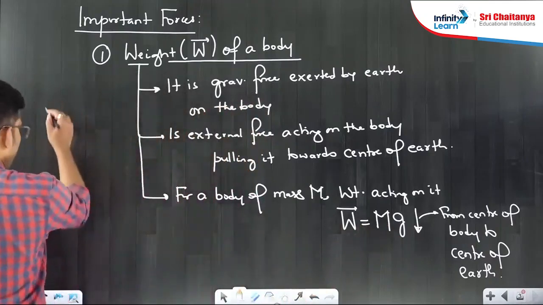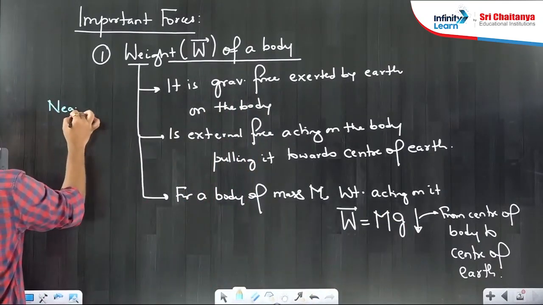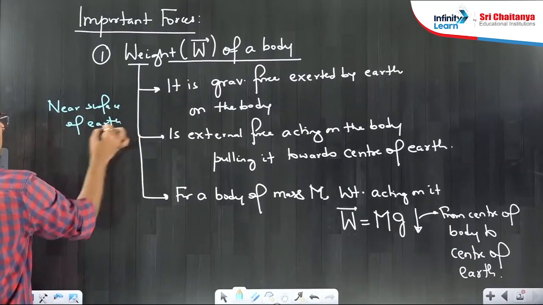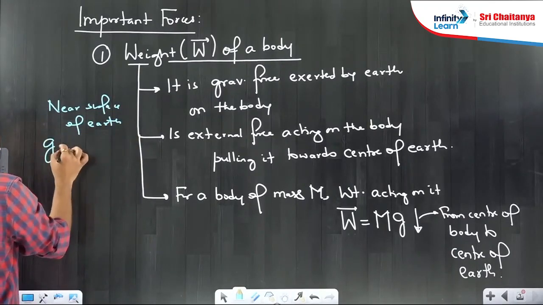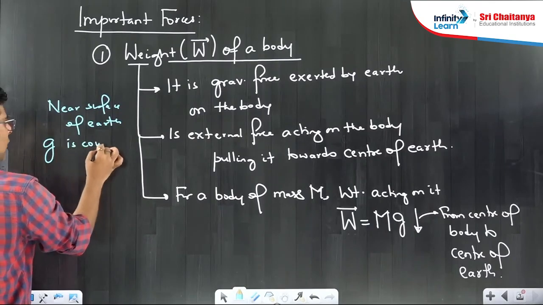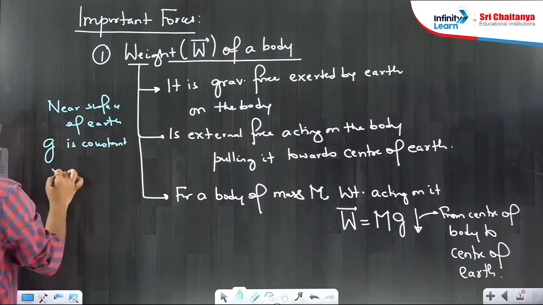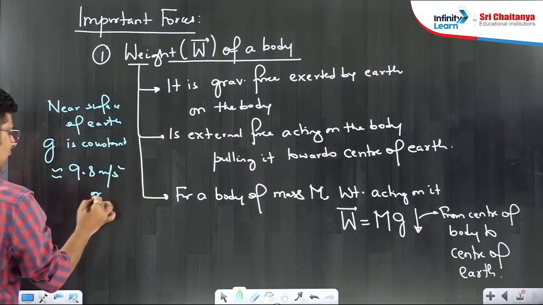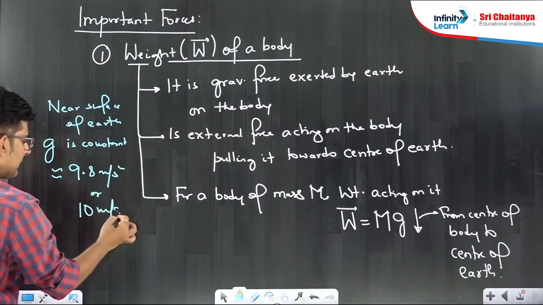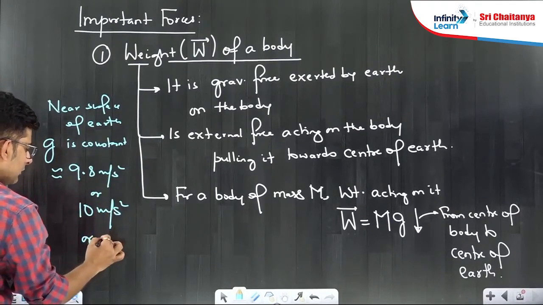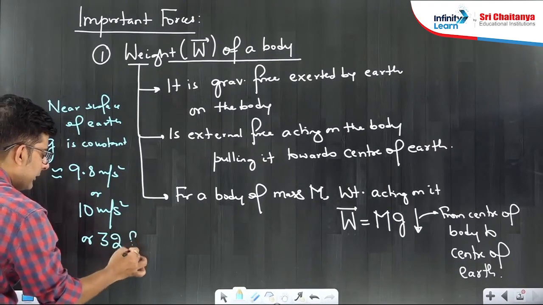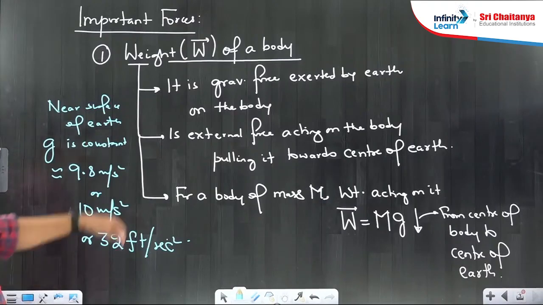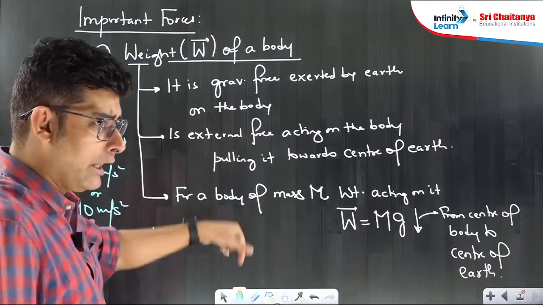So when we talk of near surface of Earth, g is almost constant and its value we take as 9.8 meter per second square or approximately 10 meter per second square, or sometimes they will give you in feet and seconds, 32 feet per second square, and we always take the direction of weight vertically downwards.